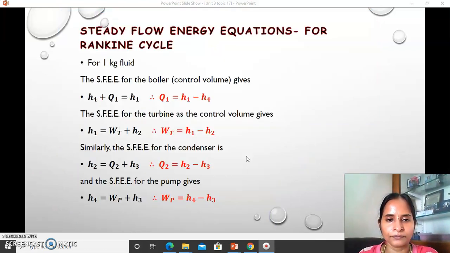Okay, now we are entering into the steady flow energy equations for the Rankine cycle.